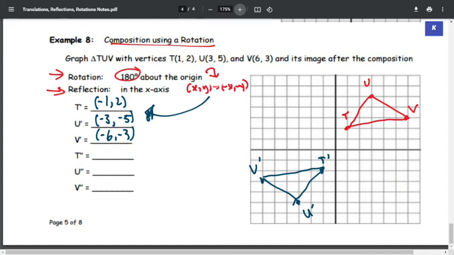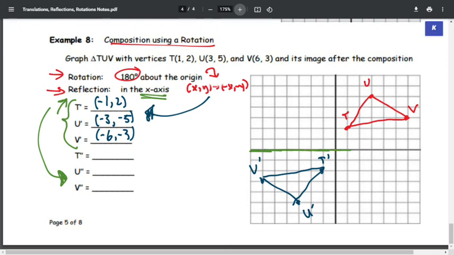So our second step is to reflect it over the x-axis. So just like that one that we did over in part 1, we're going to take these coordinates here, and we're going to apply what we have right here in blue into our x-axis. And then whatever we get as a result is going to be our double prime. So we're going to reflect it over the x-axis.